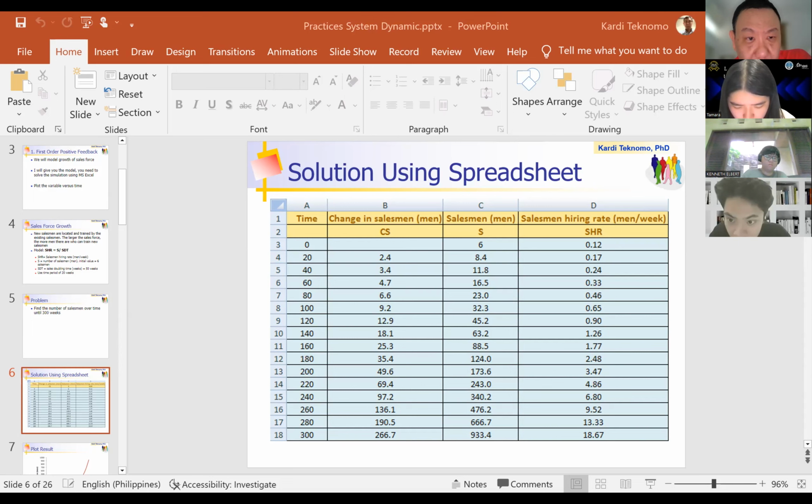Okay. Can you see in Lentera, I put practice dynamical system here.